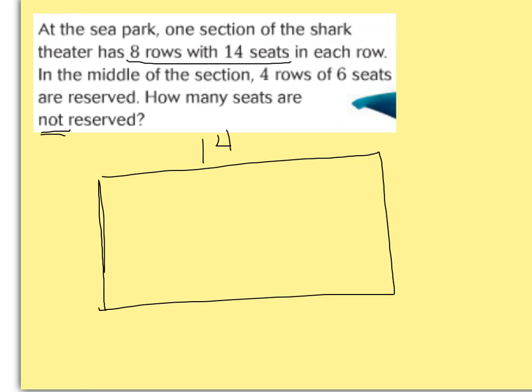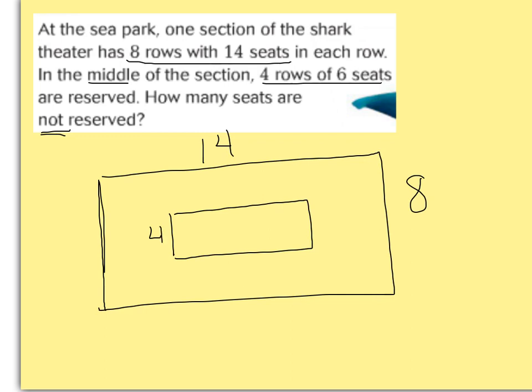And here's what I have so far. And then it says in the middle of the section, 4 rows of 6 seats are reserved. So that's going to be this part right here. Okay? It says how many seats are not reserved.